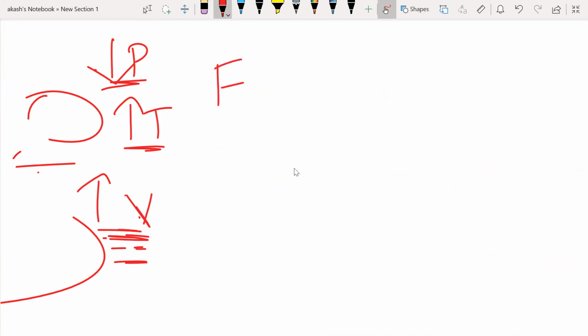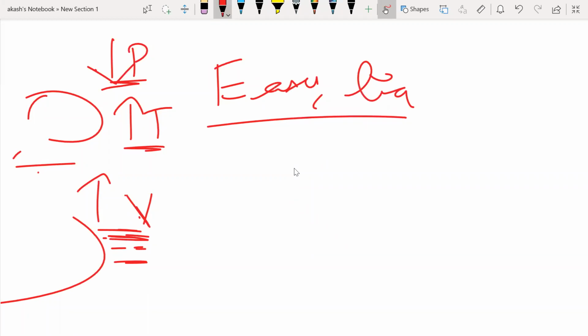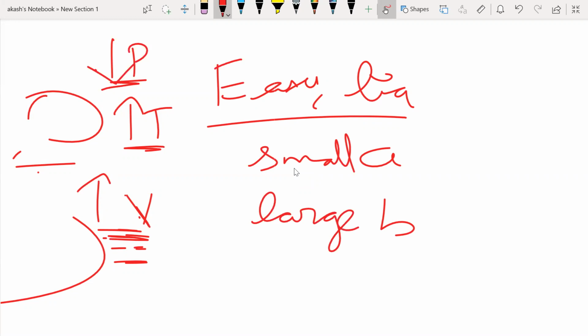In terms of the van der Waals constants a and b, I can speak about it. Again, this can be mathematically derived. You should have a very small a and a large b.